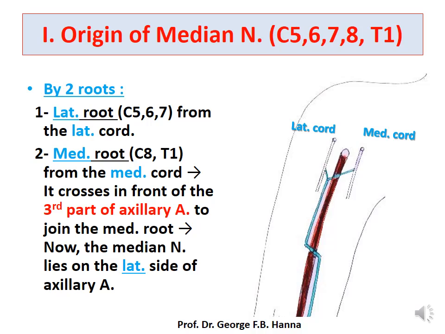This medial root of median nerve crosses in front of the third part of the axillary artery, in red here, and the median nerve, once it is formed, lies on the lateral aspect of the third part of the axillary artery, and then it continues on the lateral aspect of the brachial artery.